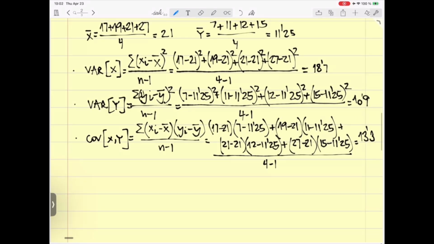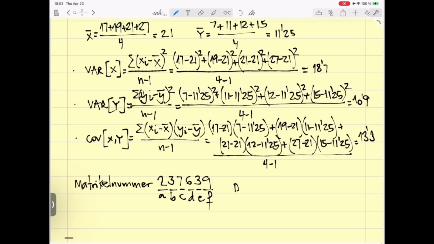So a little note for those of you that are going to write the exam. The exam is parameterized, so you have a matriculation number, let's say 2, 3, 7, 6, 3, 9. The first digit is A, then B, C, D, E, F. Each number has a letter attached to it, and when I give you the numbers of the lead time, I will not say 7, I will say 7 plus 2 times A, and then 13 plus 3 times B, and so on.